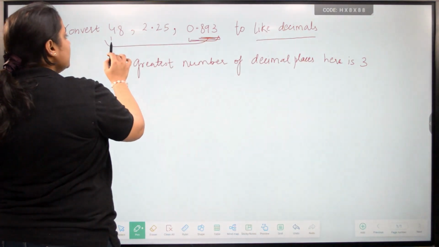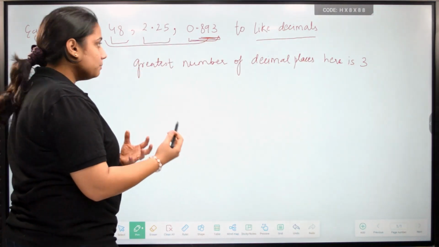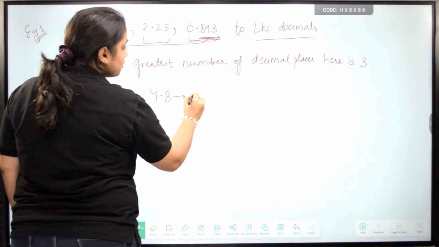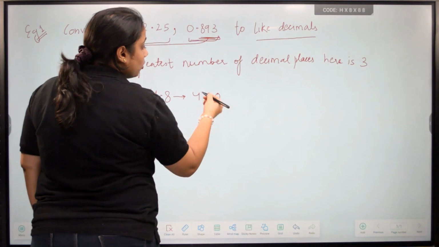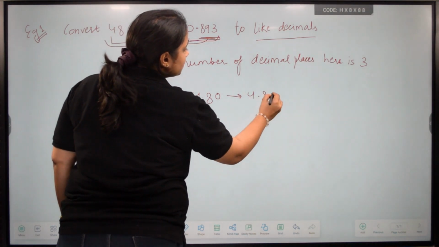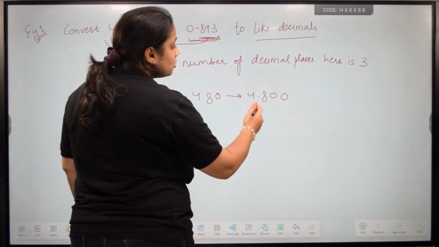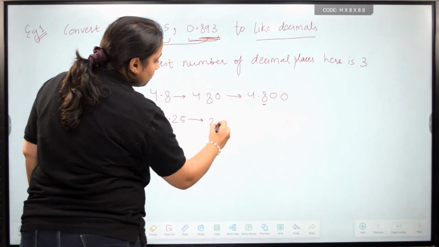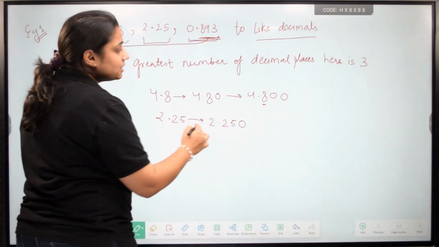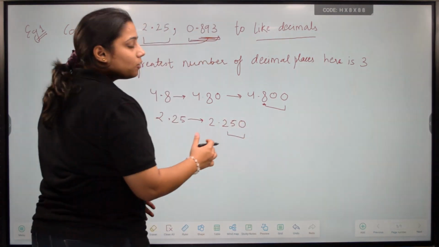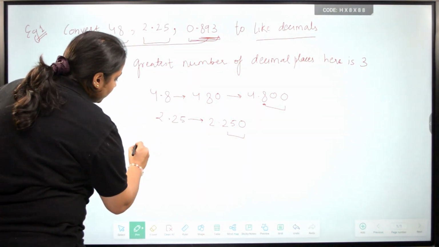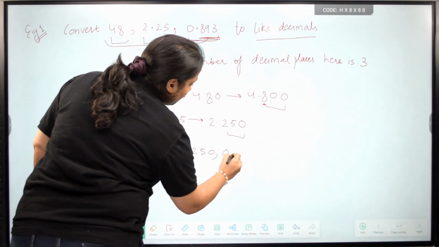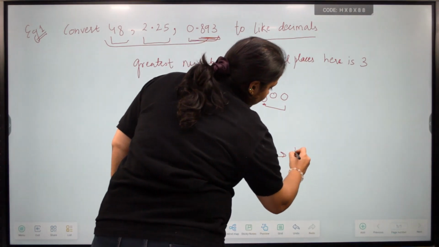So we need to make these numbers have the same number of decimal places. How are we going to do this? We can write 4.8 as 4.80 and also as 4.800. We can write as many zeros as we like after this number. Similarly, 2.25 can be written as 2.250. Now we can see that all have 3 decimal places. So we have 4.800, 2.250 and 0.893 as like decimals.